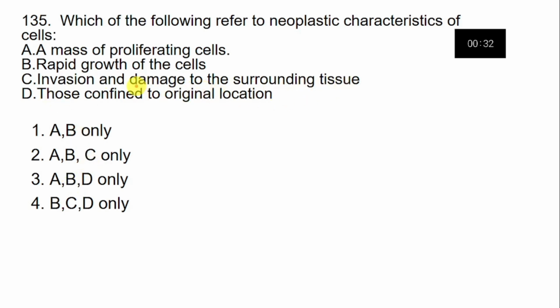This property is called metastasis, and C is definitely correct. So ABC is the answer, option 2. Those confined to original location are seen in benign tumor, not malignant tumor. The word cancer is actually for the malignant ones, not for benign ones.